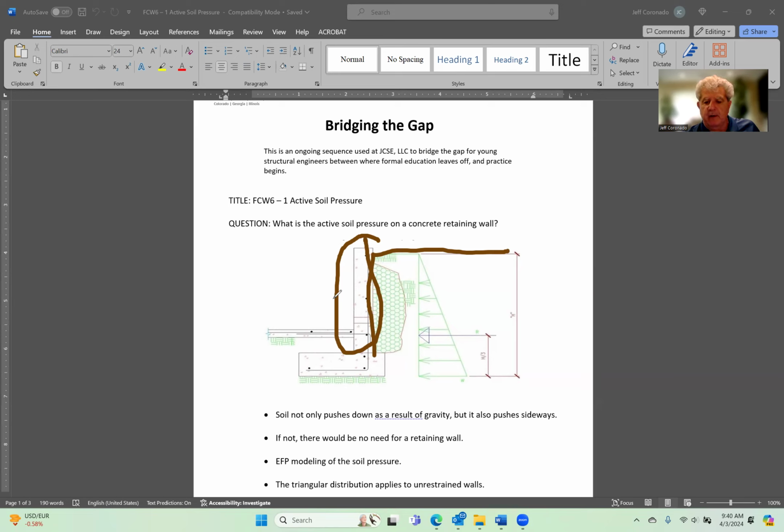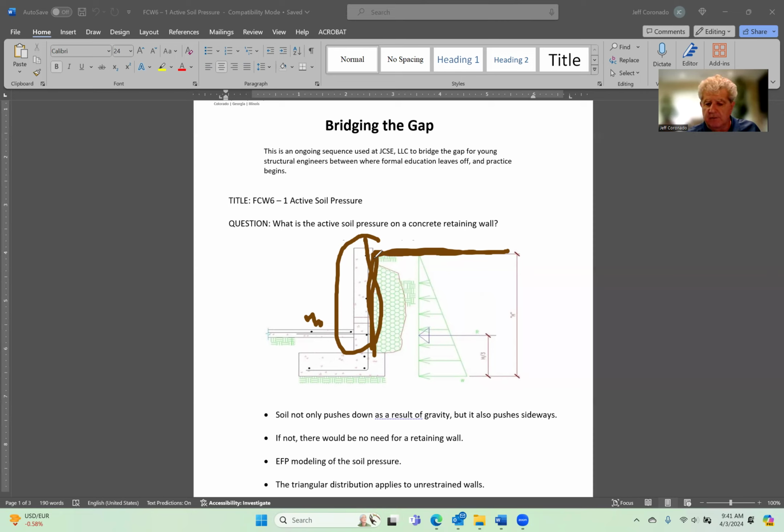Is something safe or not? Would I put my toddler there? Would I let a baby play here with this 5 foot, 10 foot high soil embankment? Does that mean that you have to have a retaining wall and the soil isn't going to come down? No, but that gets a little bit more convoluted.